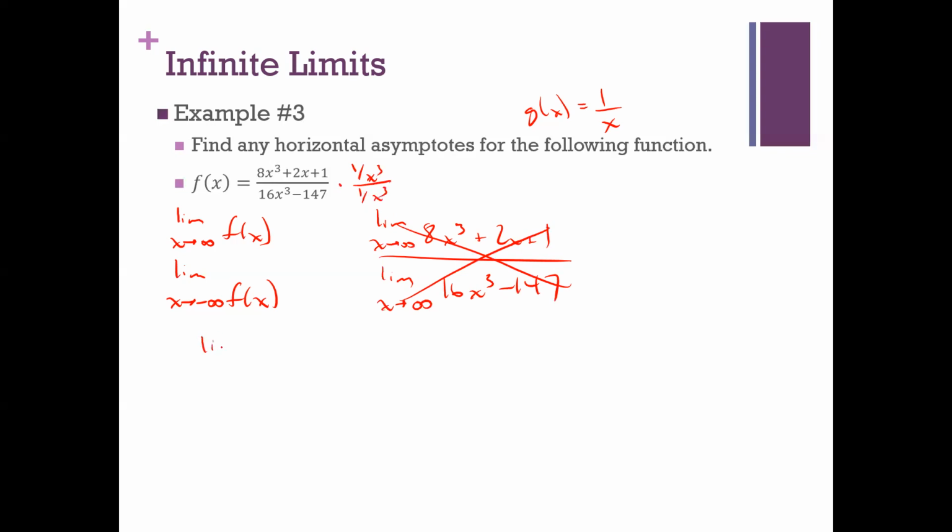Let's see what happens. This becomes 8 plus 2 over x squared plus 1 over x cubed, over 16 minus 147 over x cubed.